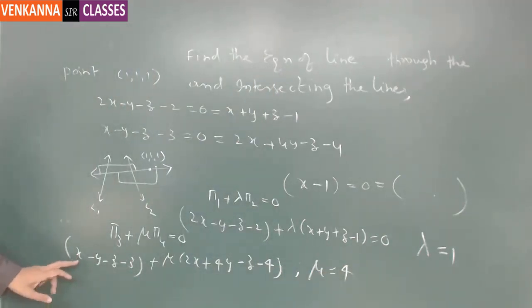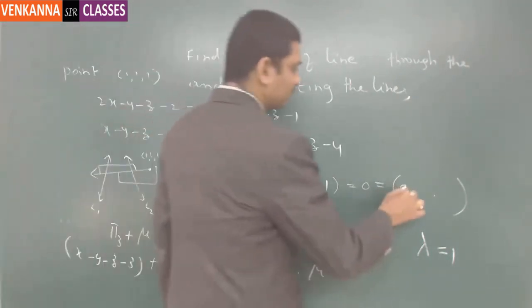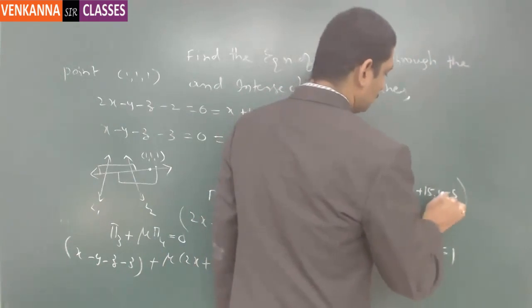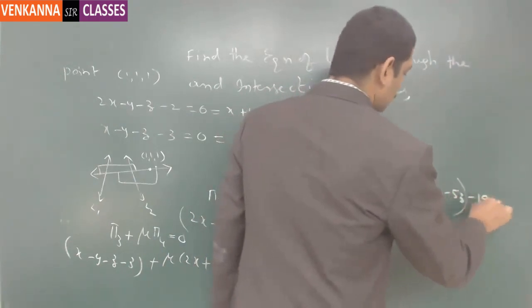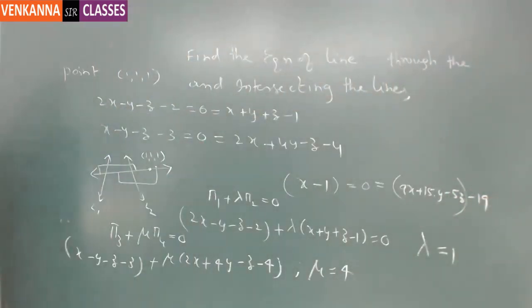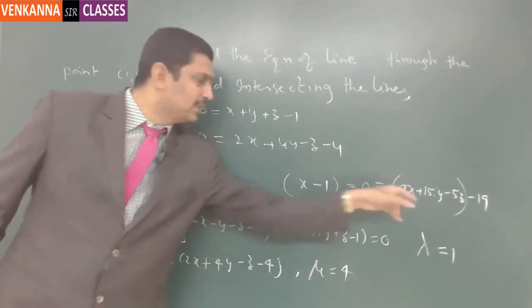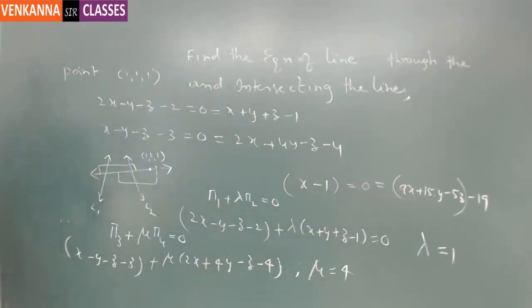Substituting the mu value here, you will get the plane equation as 9x plus 15y minus 5z minus 19. So I have represented the required line equation in unsymmetric form like this. Please check on the approach.